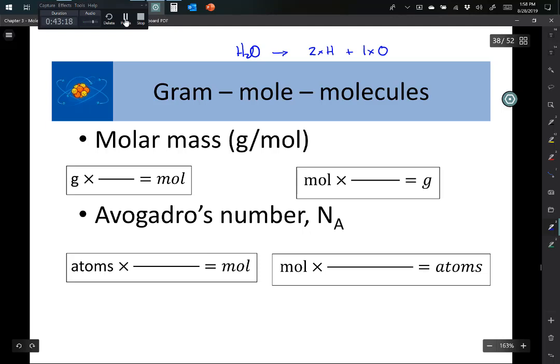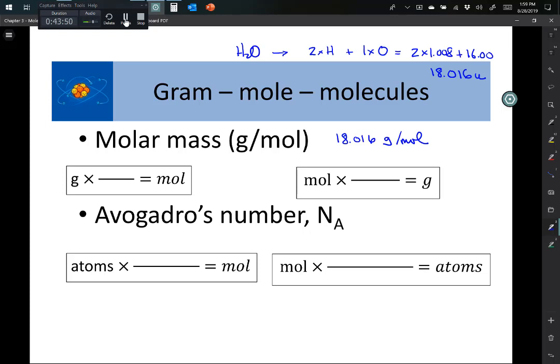That gives me 2 times 1.008 plus 16.00, so that becomes 18.016, and that's in atomic mass units, but that's the same as grams per mole, so I could treat that as 18.016 grams per mole.